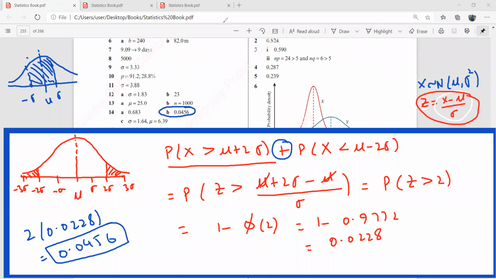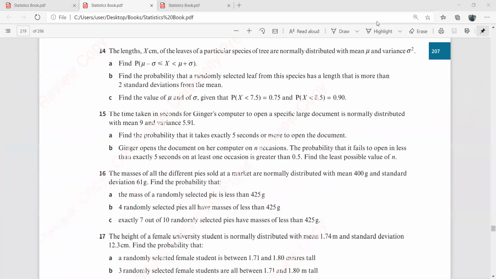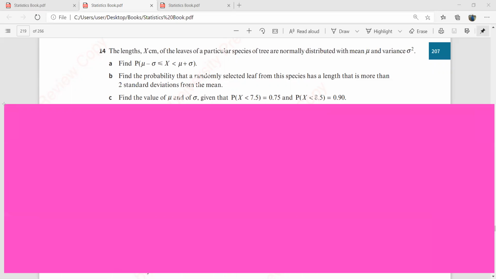Okay, guys, that was the second part. Then it says, find the value of mu and of sigma. If you go through this question carefully, this is again going to be a situation where you will have two simultaneous equations for the C part, and then you will be solving them.